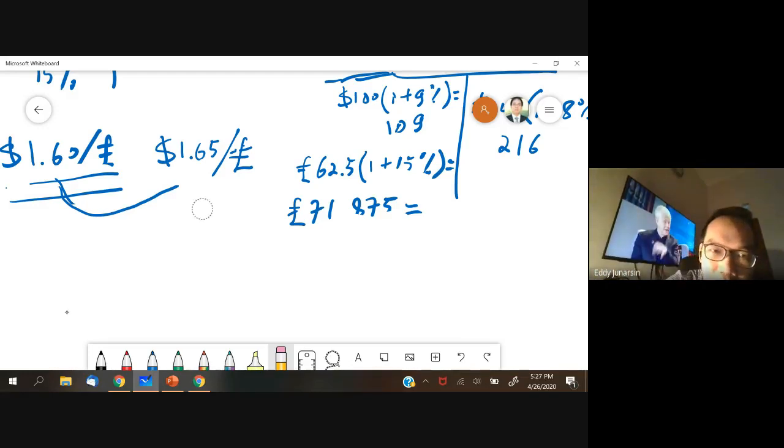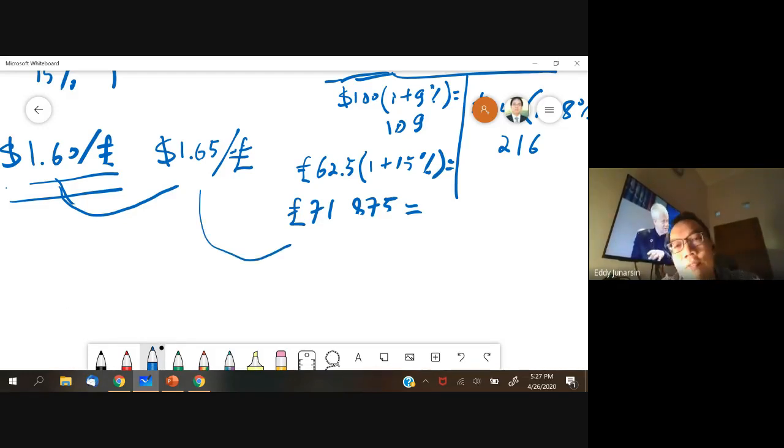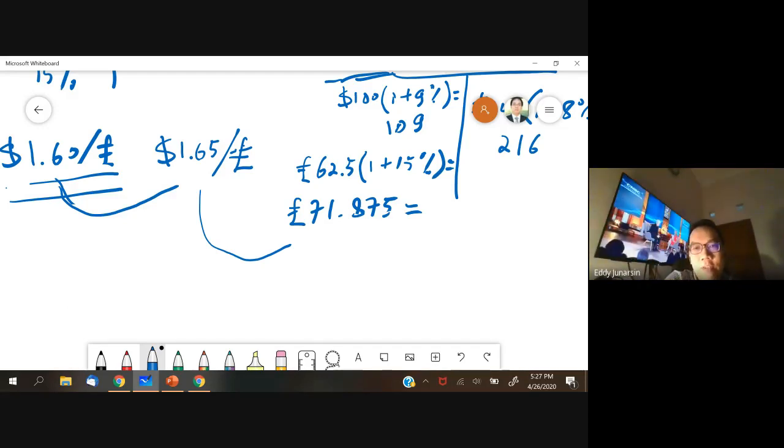So let's recalculate now. The new spot rate is 165, and after 1 year, again, we'll have 71 million, right? Because the 62.5 million will grow by 15%, right? You will get a return of 15% in the UK. So you have 71.875 million.